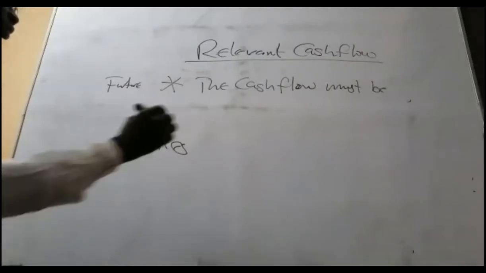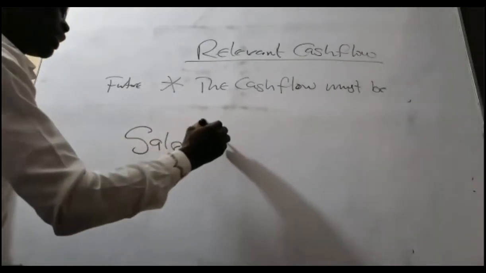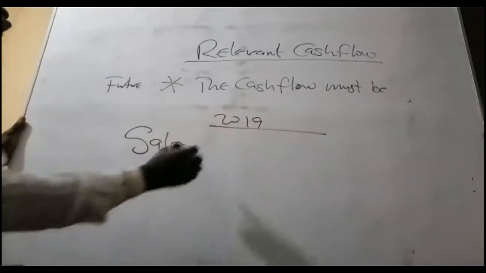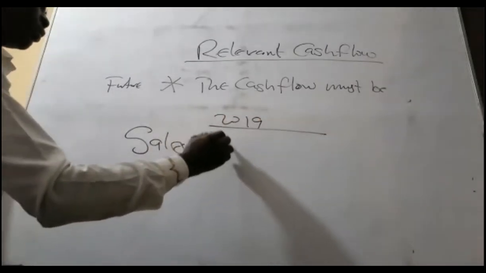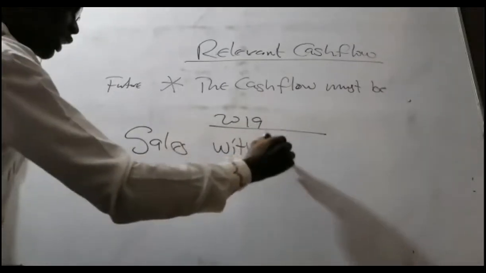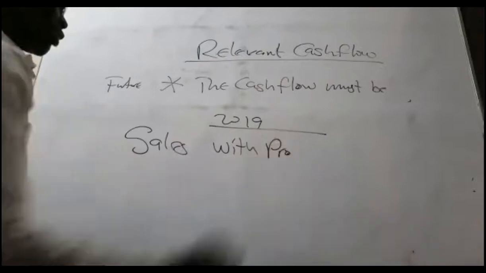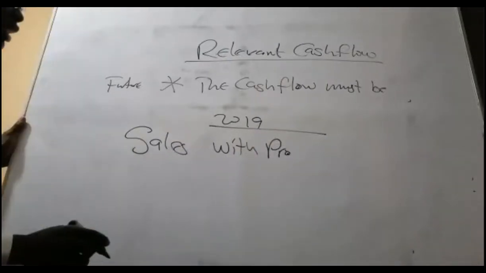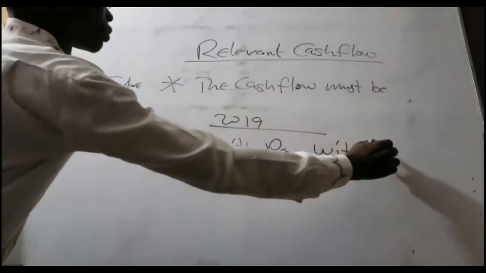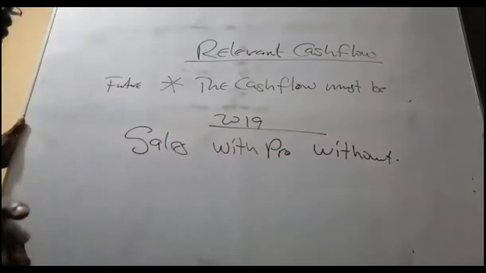Everything here is for 2019. With the project, the project is named Project A, and without the project.